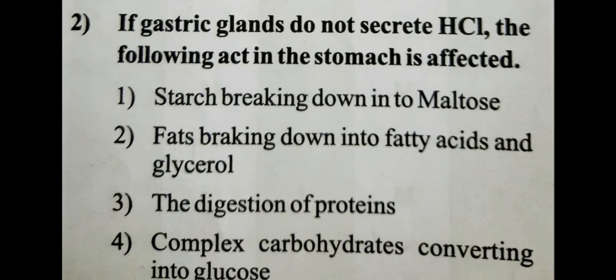Options: starch breaking down into maltose, fats breaking down into fatty acids and glycerol, third, the digestion of proteins, fourth, complex carbohydrates converting into glucose. In gastric glands, HCl activates the enzymes like pepsin and renin. So, they are involved in digestion of the proteins. So, the right option is option 3.